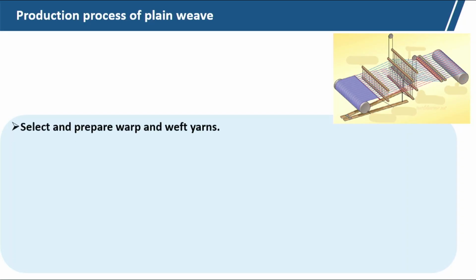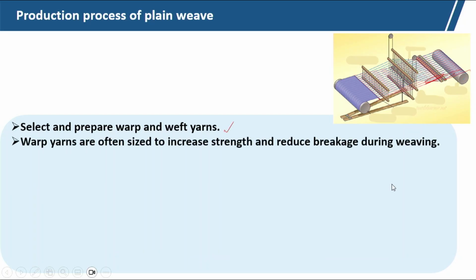Select and prepare warp and weft yarn. Here a warp yarn is selected. Then warp yarns are often sized to enhance the strength and reduce breakage during weaving. So, these warp yarns are sized here.